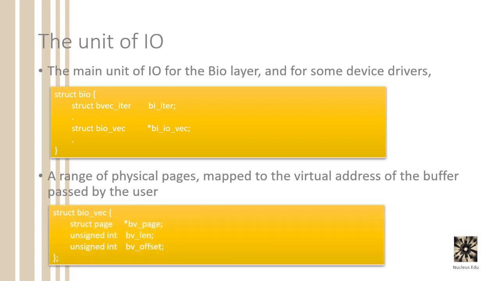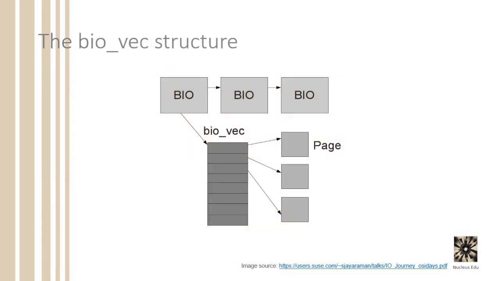And each bio vec looks a little bit like this, with a pointer to bv_page and the length of the page. If we want a graphical representation, there is a list of bios, each bio points to a bio vec, and each bio vec then points to different pages which are mapped to the virtual address of the buffer, right?